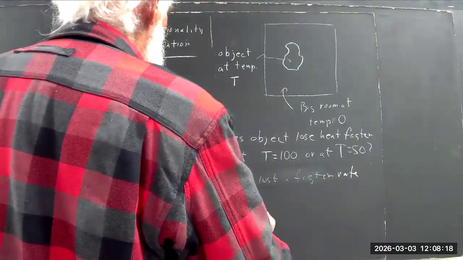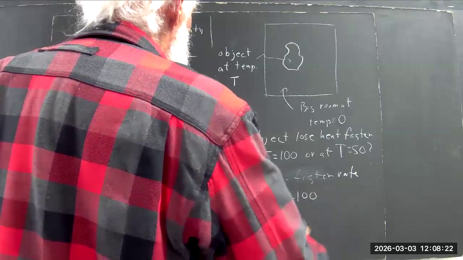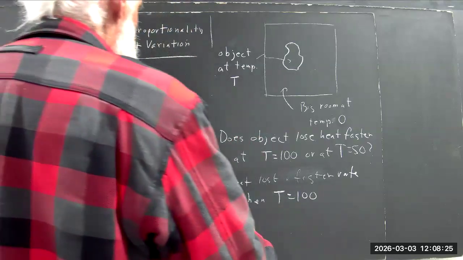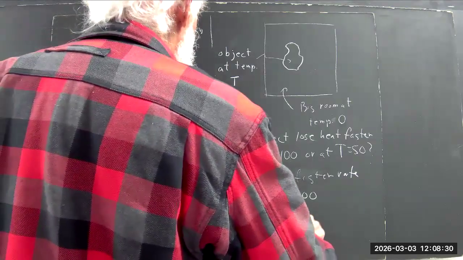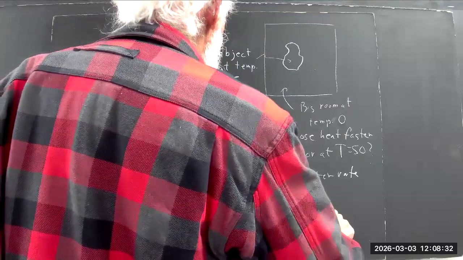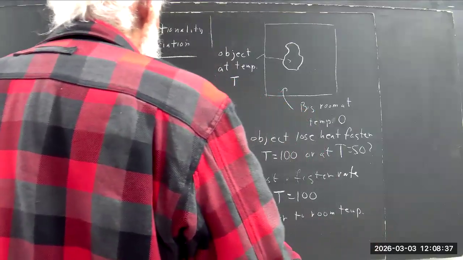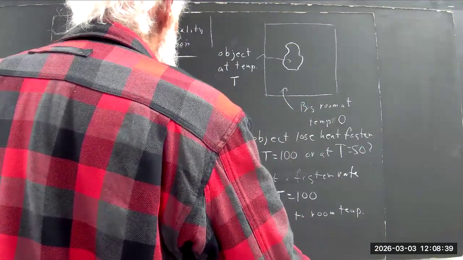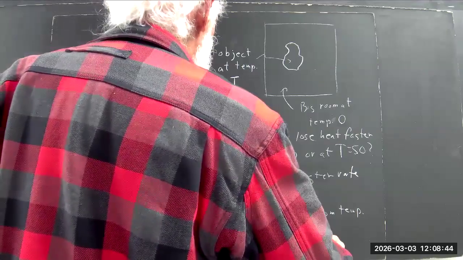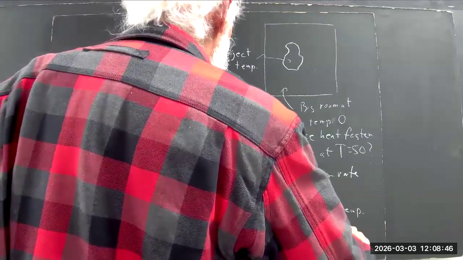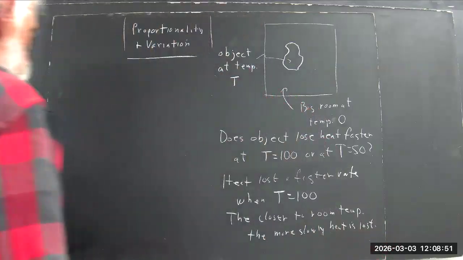Heat's lost at a faster rate when T equals 100. Closer to room temperature, more slowly heat is lost.